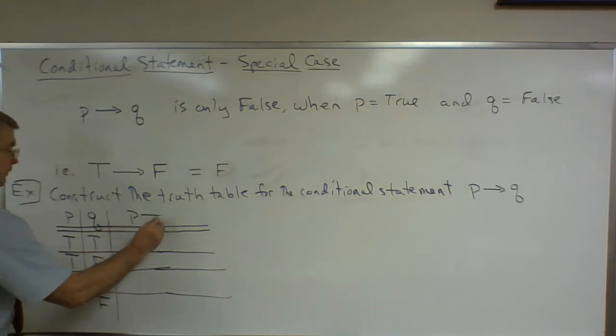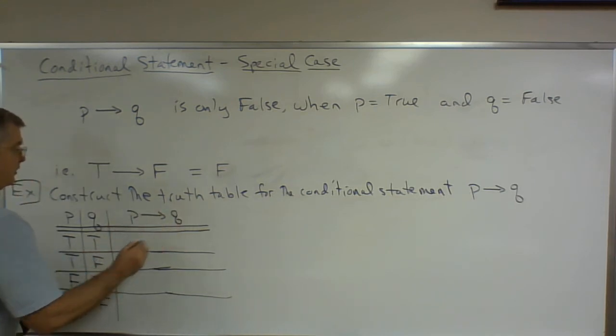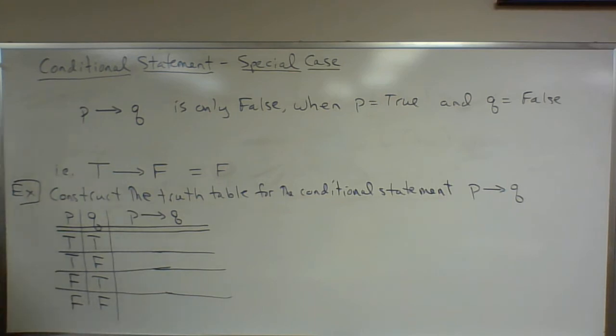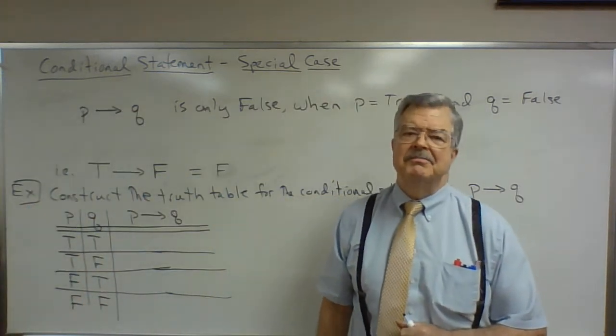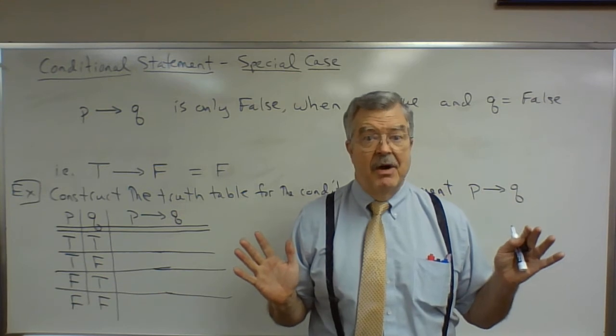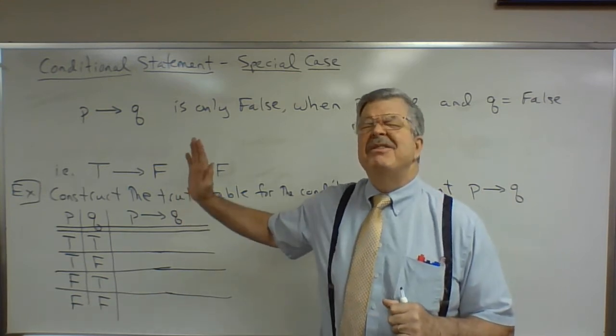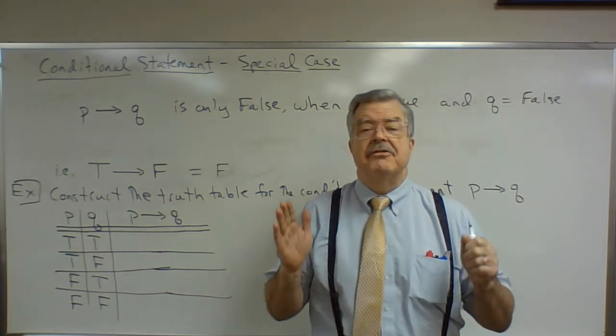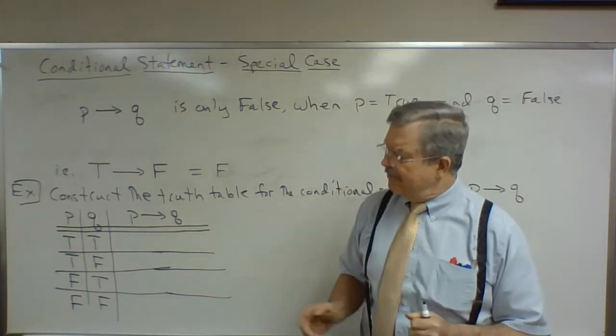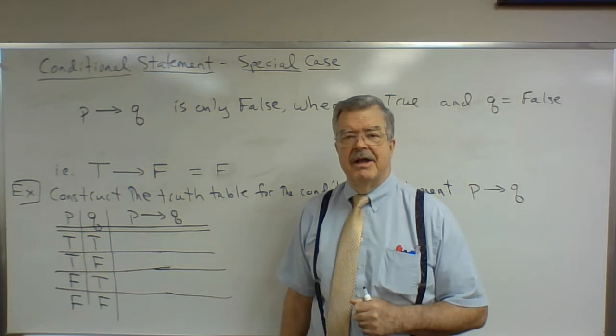And here's the statement, P implies Q, that we want to construct a truth table for. Do I have this truth table memorized? Well, I'll confess, I don't. I don't know what it looks like, but I have something that's just as good as having the truth table memorized.